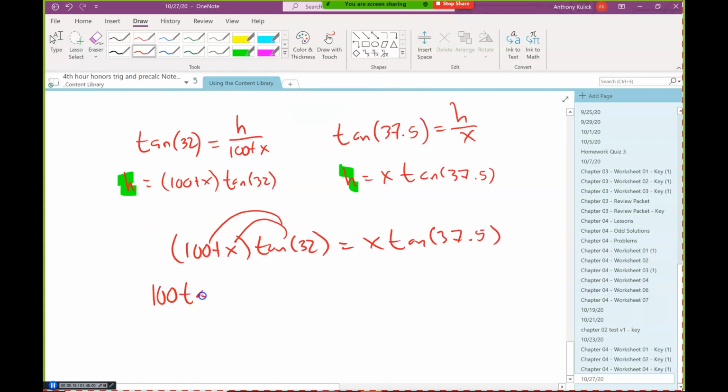You could turn it into a decimal at any point here and just deal with the decimal. I'm going to leave it as tan 32 just so I don't have to use my calculator one time. Now what I'm going to do is subtract this x times tan 32 to the other side.